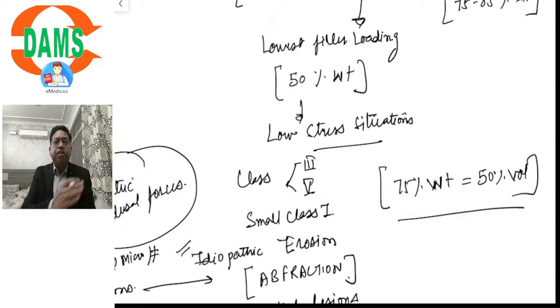So you just remember it by weight, and according to the question, you can convert it on an average basis according to the volume percentage. So these are the four types of composites, the regular composites, which have been classified based upon the type of filler particles.